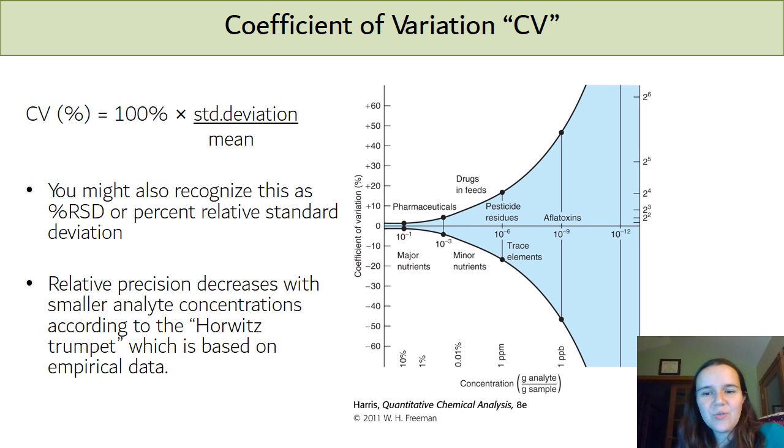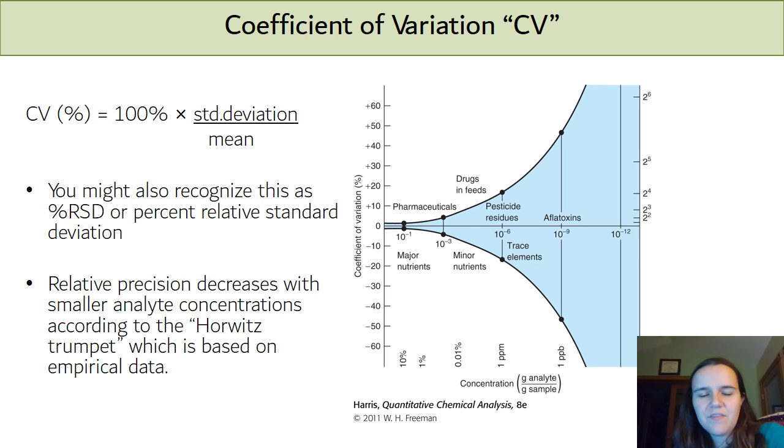Okay, precision can also be analyzed by the coefficient of variation. You might recognize this as percent relative standard deviation because it is standard deviation divided by the mean times 100%. There's something called the Horwitz trumpet, which is shown on the right here.